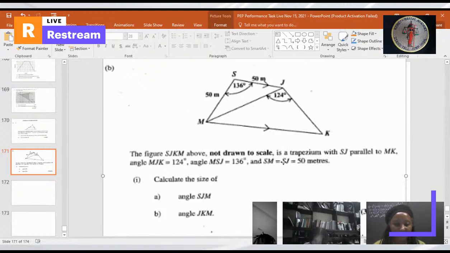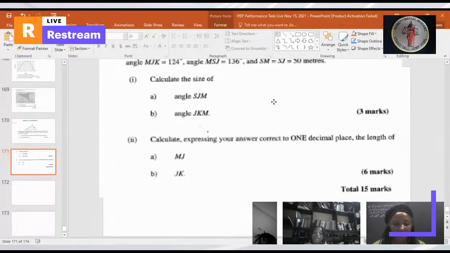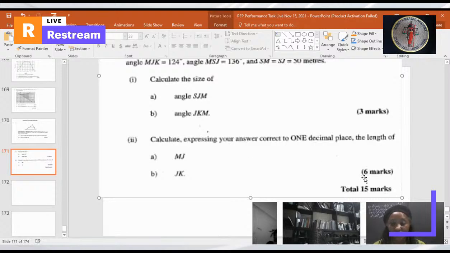The second part of this question, the last part of this question, part II, calculate, and all of this is worth 15 marks. So this is worth 6 marks, and what we just worked was worth 3 marks. 1.5 marks each for these two, 3 marks each for these two.